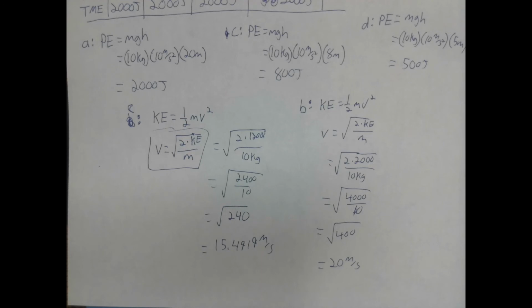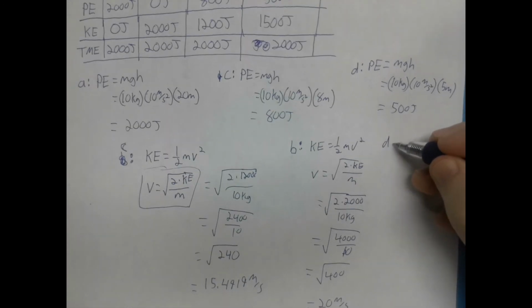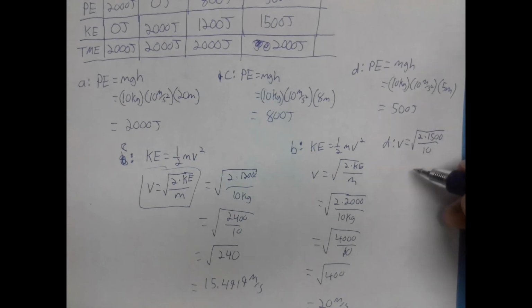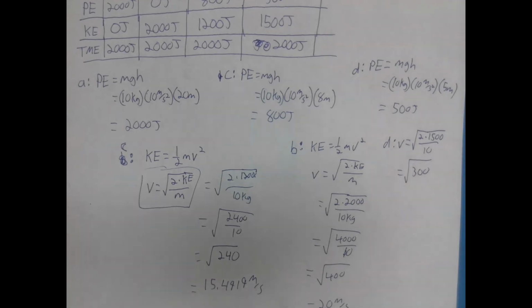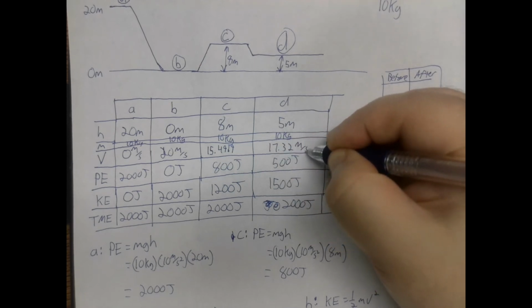Let's go ahead and do D. For D, the velocity is equal to the square root of 2 times 1500 for the KE, divided by the mass of 10. So that'd be the square root of 300, which ends up being 17.32 meters per second.